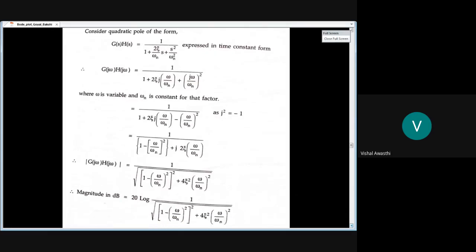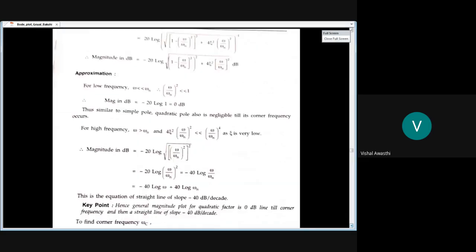Now next is its magnitude in dB. So in the similar manner, whatever magnitude you have, just put 20 log and then the magnitude.